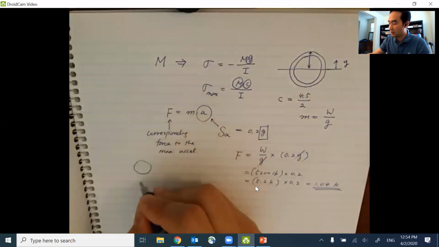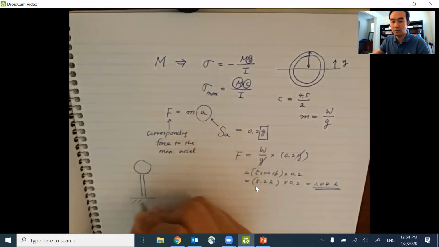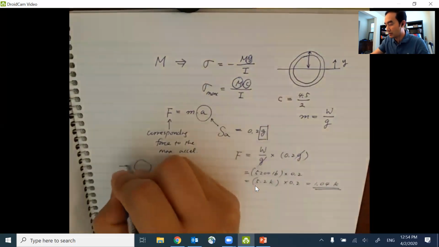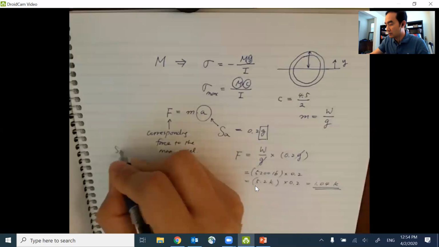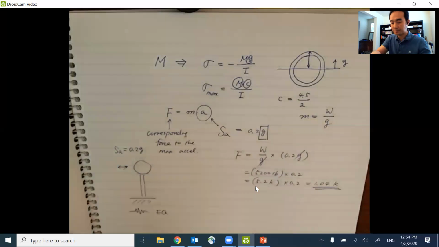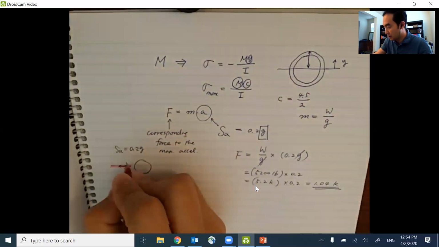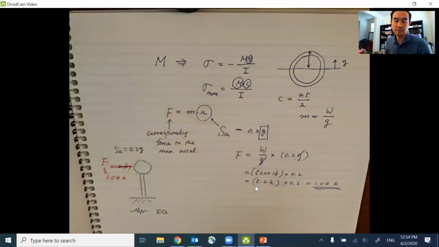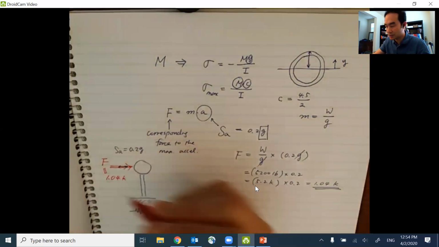So let's say here we have a structural system again. We have an El Centro earthquake. The maximum spectral acceleration at this mass level was 0.2 in g. So the corresponding force based on that, this force is going to be the inertia force, right? That F is now calculated as 1.04 kips. Now, what is going to be the corresponding moment? Moment is a force times distance, right?